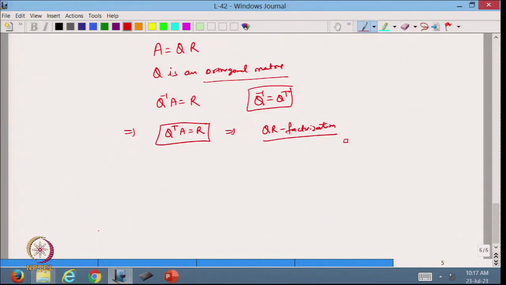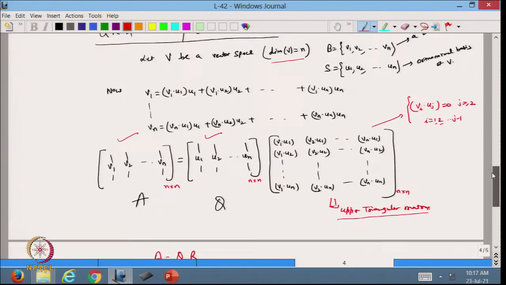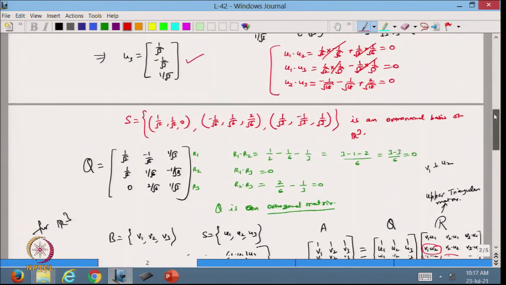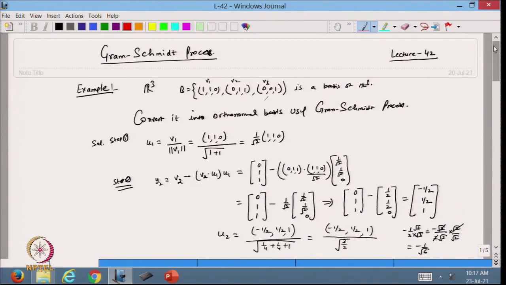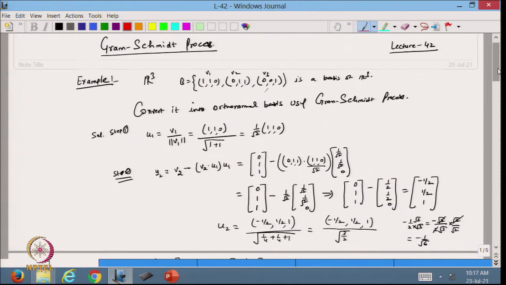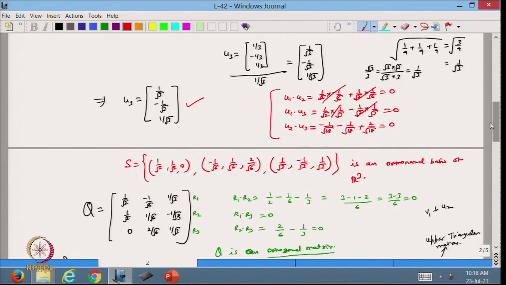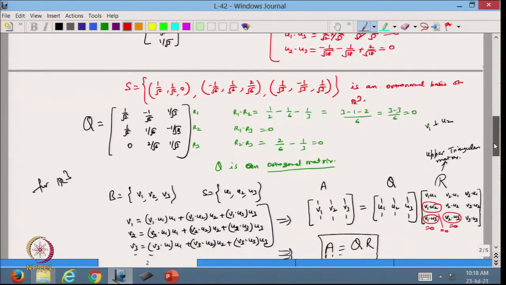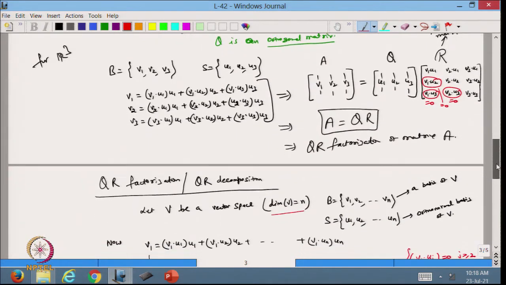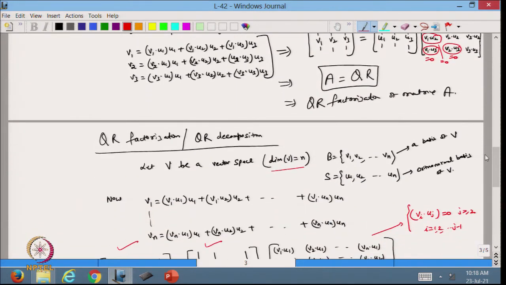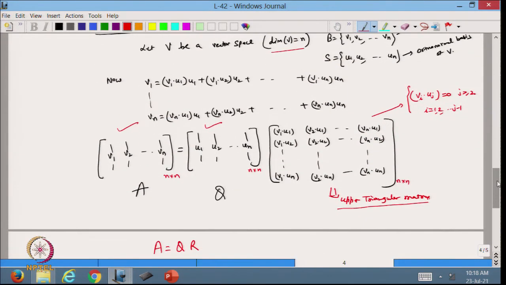As in the previous lecture we have discussed, if we have a set of linearly independent vectors, then with the help of the Gram-Schmidt process we can make them orthogonal and then normalized. So, we can make them an orthonormal set of vectors, and using those vectors we are able to factorize the given matrix A into the QR form.